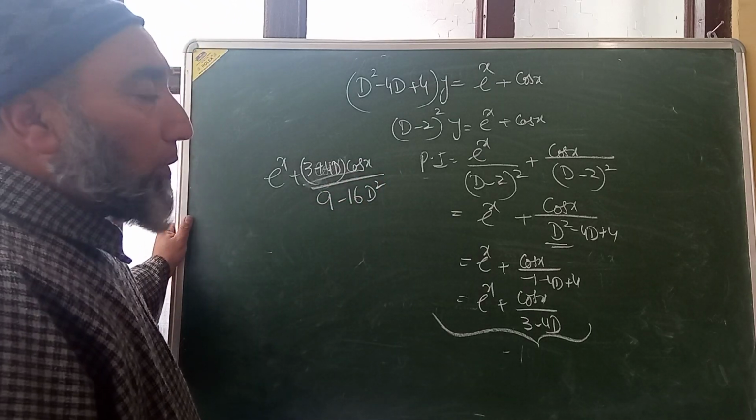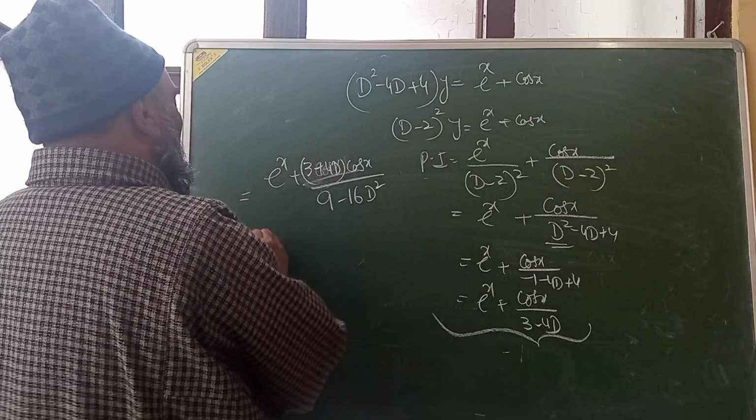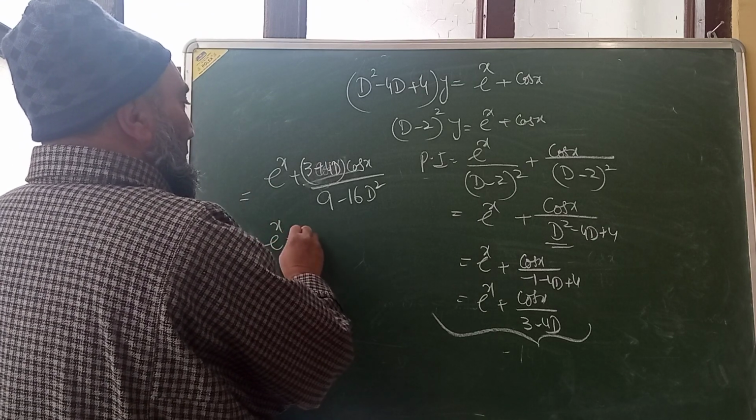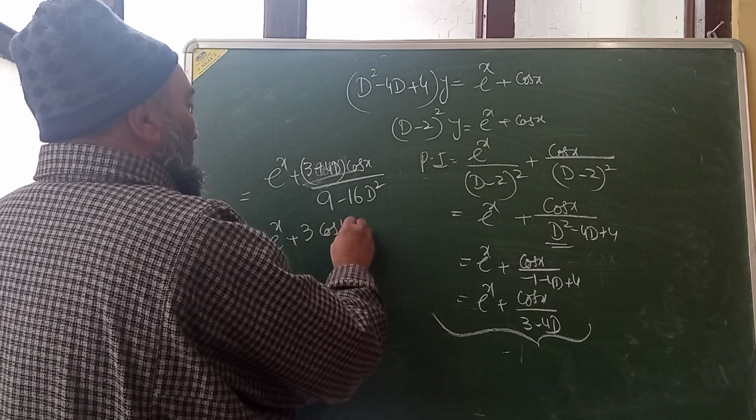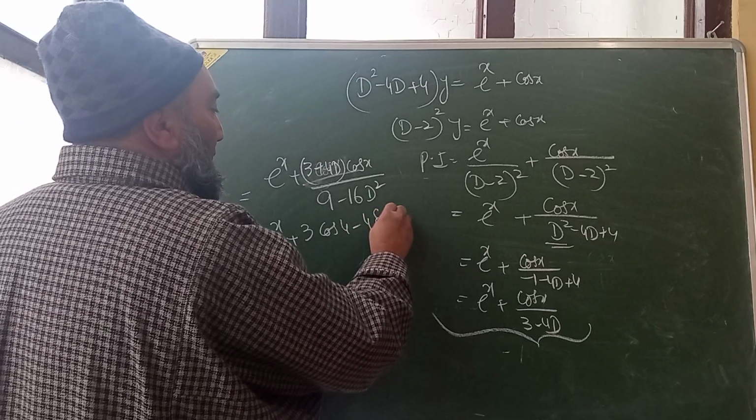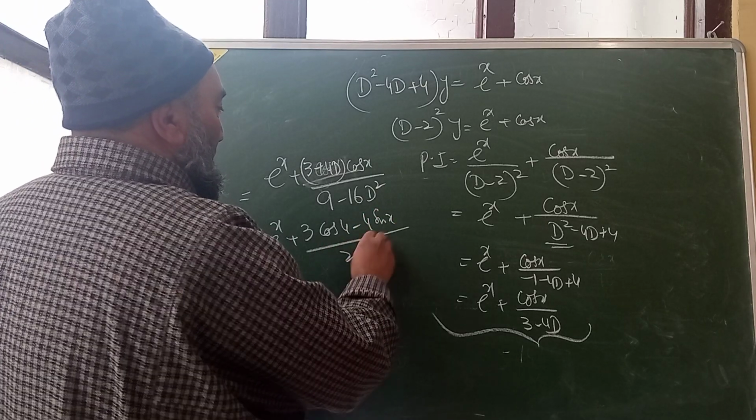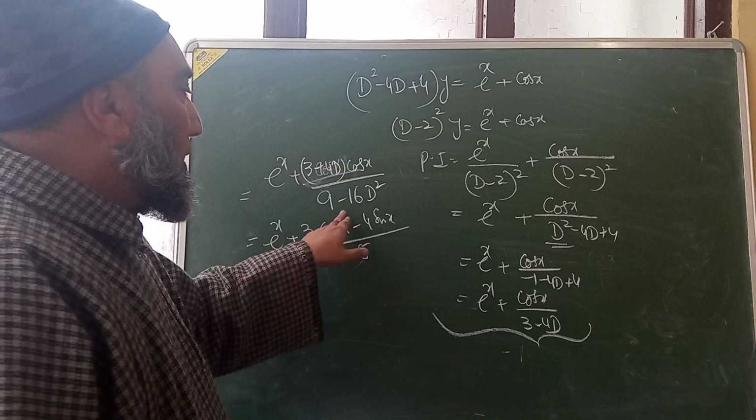Now D square is to be replaced by minus 1. So the particular integral is e raised power x plus (3 cos x minus 4 sin x) by 25.